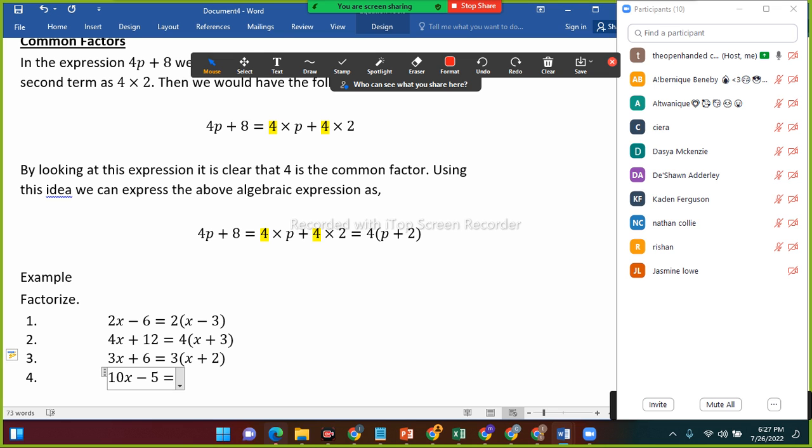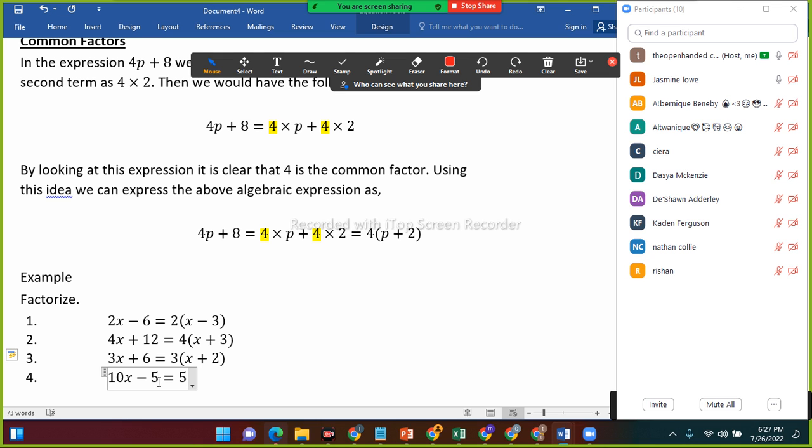You can answer now. If you look at 10x and 5, what is the common factor? 5. 5, okay. The common factor between 10x and 5.